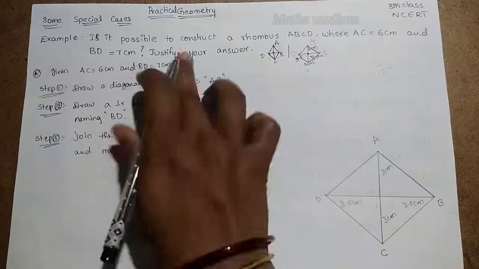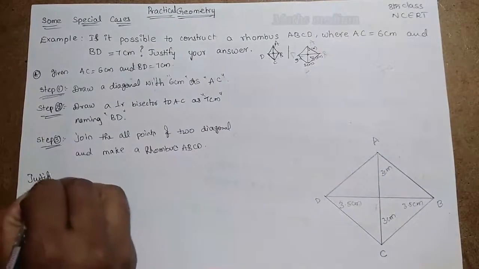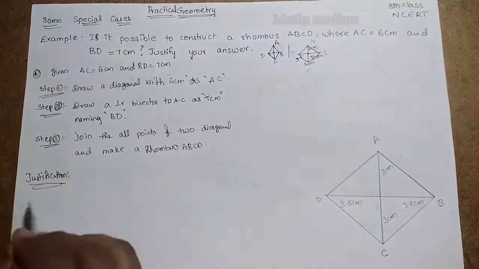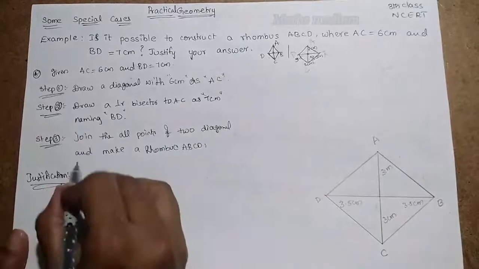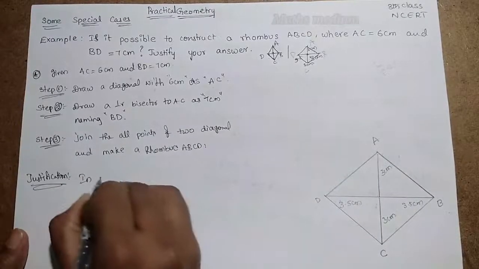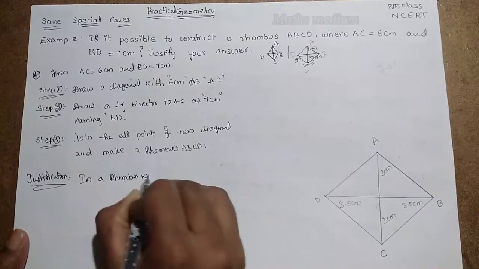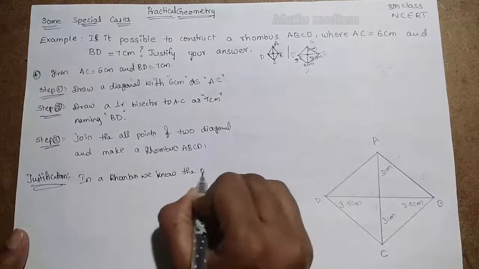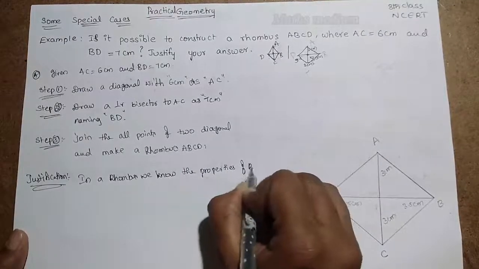Now we have to justify the answer. So the justification is, I am writing here. Here we constructed it, but the justification is nothing but that in a rhombus we know the properties of a rhombus.